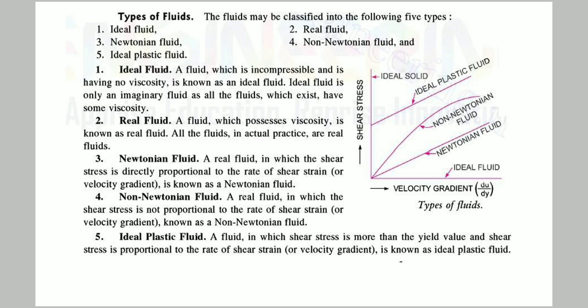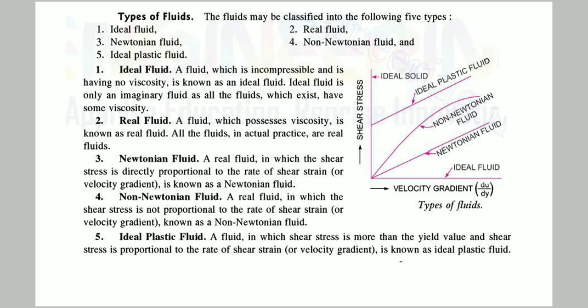So based on this viscosity, the fluids which obey this proportional law are called Newtonian fluids, and the fluids which don't obey this law are non-Newtonian fluids. So let's see this in detail.